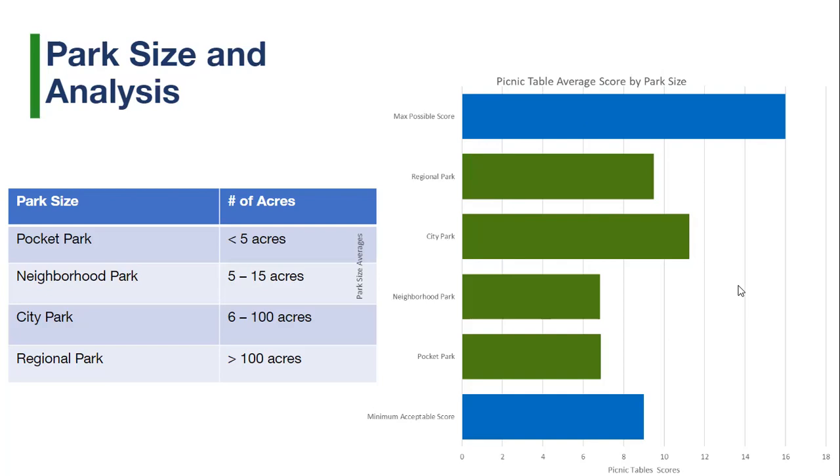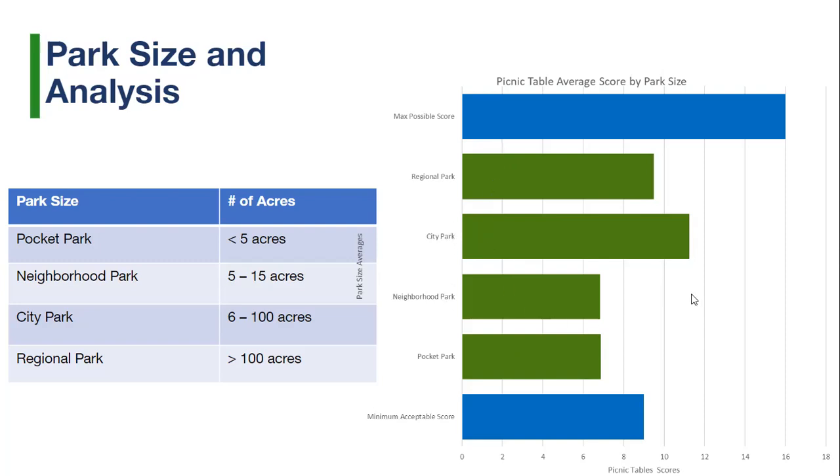The regional parks scored on average under 10. The city parks actually ranked higher, in the 11 range. Neighborhood parks dropped down to about 7, and so did the pocket parks. So you can really see a big difference in how different parks scored on average.